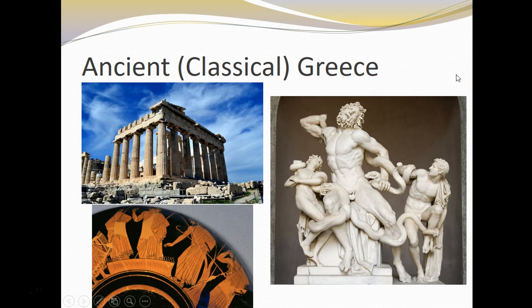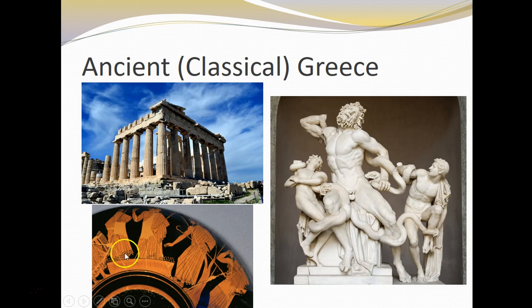Of course, they had their art and architecture, city-states developed there, and for Western culture, Greece is a really huge impact. You probably have seen these buildings and the statues, Greek vases before.